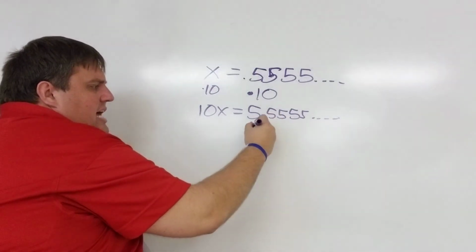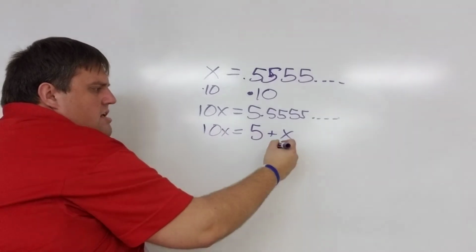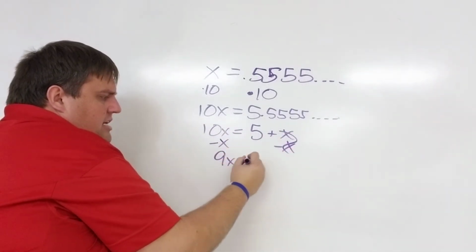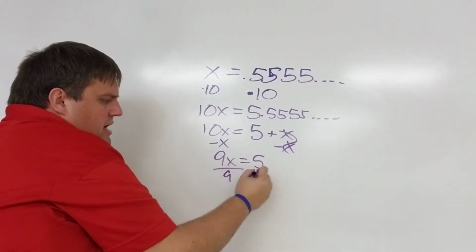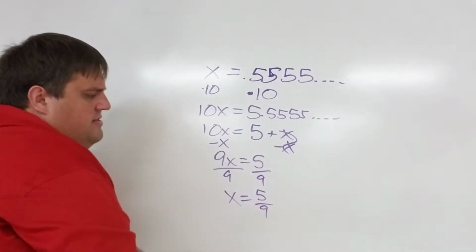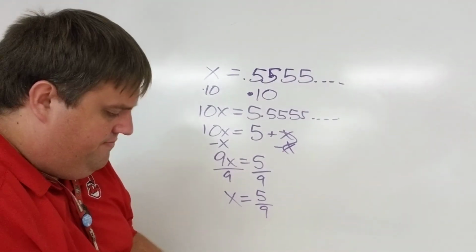We're going to rewrite that as 5 plus x. Subtract 1x from both sides. That gives you 9x equals 5. Divide by 9. And your fraction is 5/9. It doesn't simplify, we just leave it 5/9.